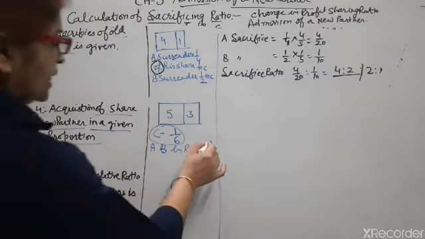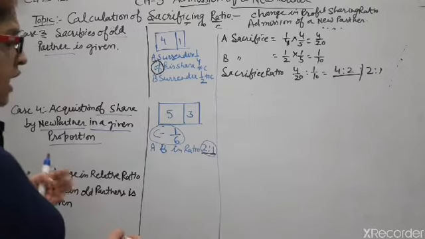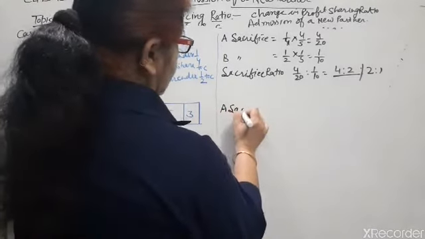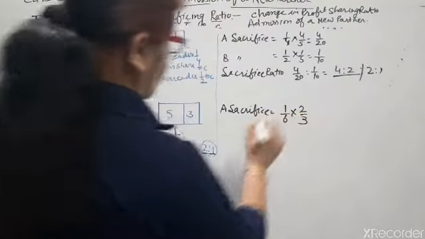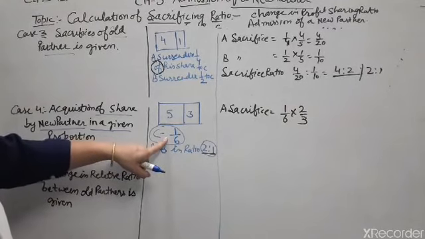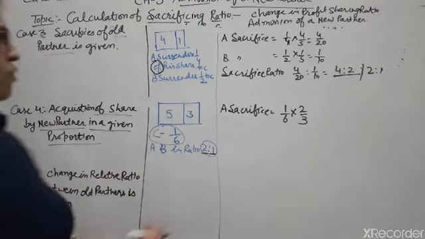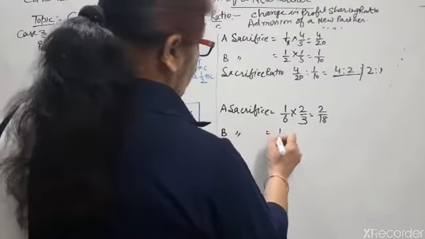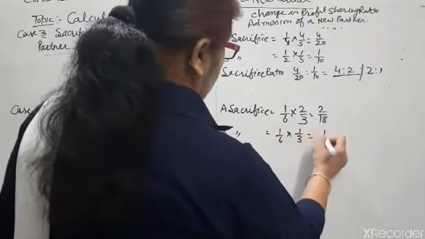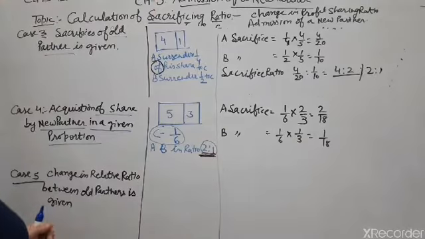This 1 by 6 part is given by A and B in 2:1. So how can we find the sacrificing ratio? A's sacrifice is equal to 1 by 6 into 2 by 3, because A gives that share to C, 1 by 6 of 2 by 3. That is 2 by 18, and B's sacrifice is 1 by 6 into 1 by 3, which is equal to 1 by 18. So this is their sacrificing ratio.